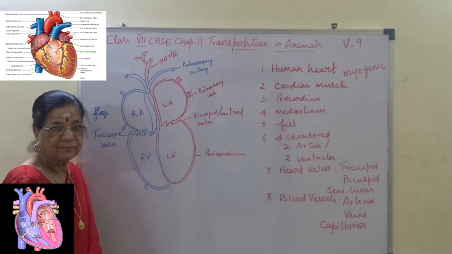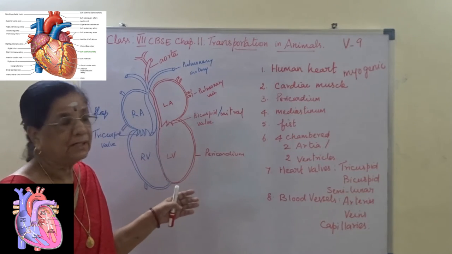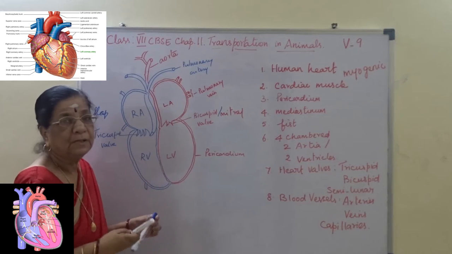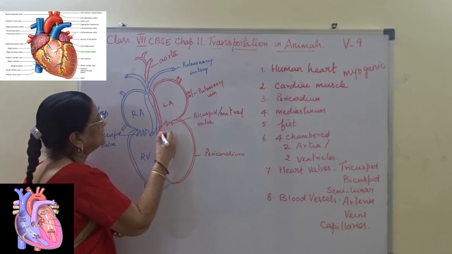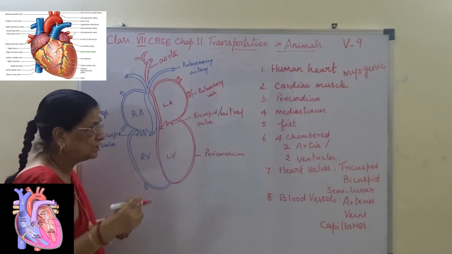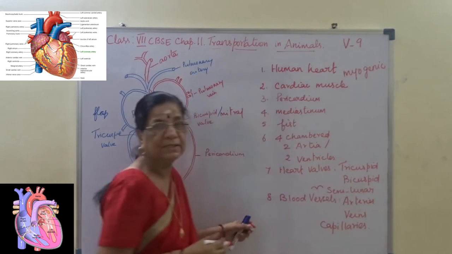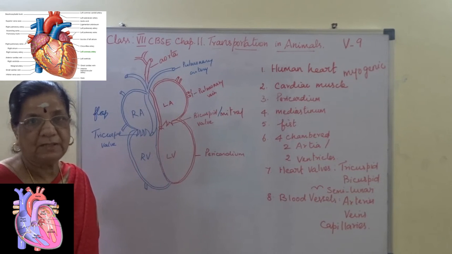Are you clear? Then another valve called the semilunar valve will be present in the left ventricle region, as it forms a lunar shape, a semi-lunar valve like this.